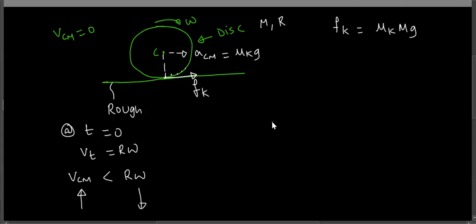If you use right hand thumb rule, the four fingers go from the center to the point where the force is getting applied, and if you curl the fingers towards the force, the thumb is pointing in which direction? Inside. It's pointing inside or outside? Inside. Are you using your right hand?